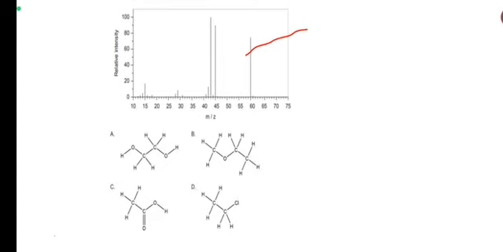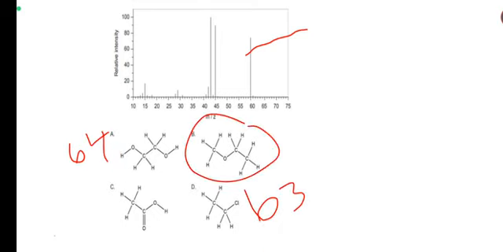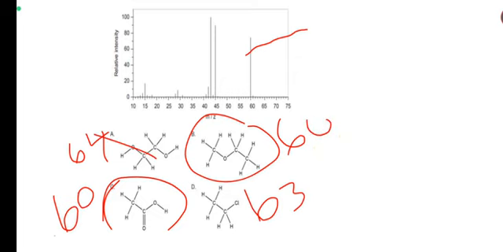If you calculate it, you will get about 63 or 64 for this one and 63 for this one. These two compounds possess a mass of 60. So you can neglect A and D because the last value corresponds to the mass of the compound.